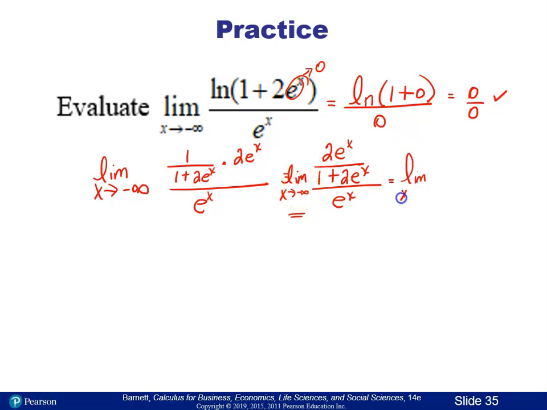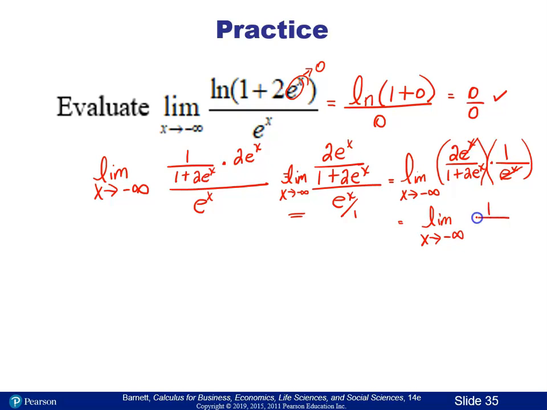Okay, I'm going to clean this up a little bit. So I have 2e to the x over 1 plus 2e to the x. And then I'm going to multiply this by 1 over e to the x. And what that's going to let me do is cancel these e to the x off. So all this is equivalent to the limit as x goes to negative infinity of 1 over 1 plus 2e to the x.